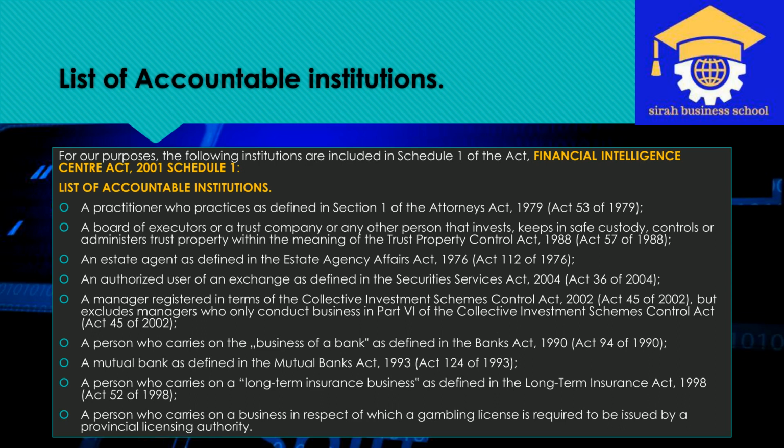A practitioner who practices as defined in Section 1 of the Attorneys Act, 1979, Act 53 of 1979. A board of executors or a trust company or any other person that invests, keeps in safe custody, controls or administers trust property within the meaning of the Trust Property Control Act, 1988, Act 57 of 1988.